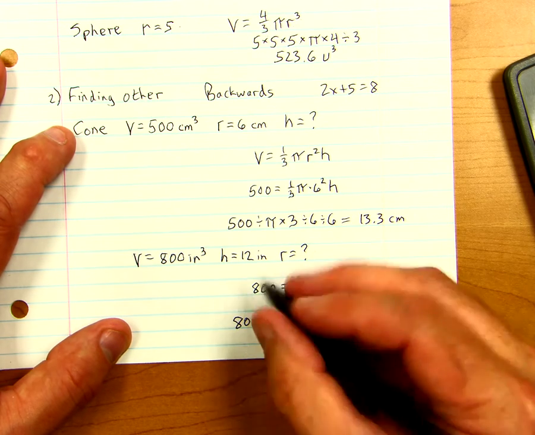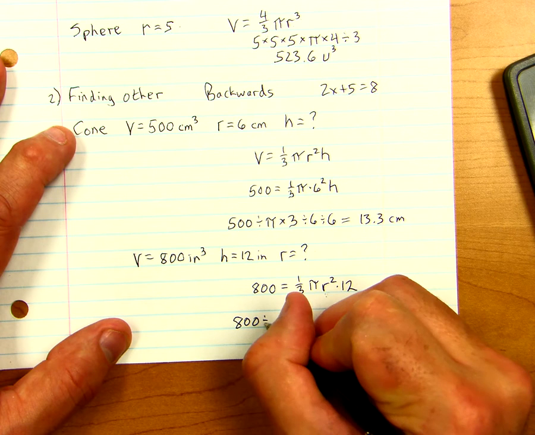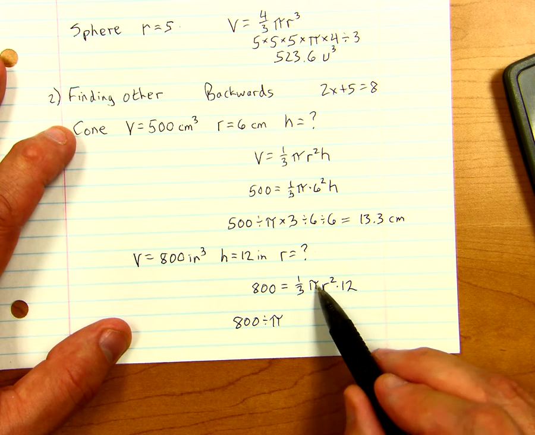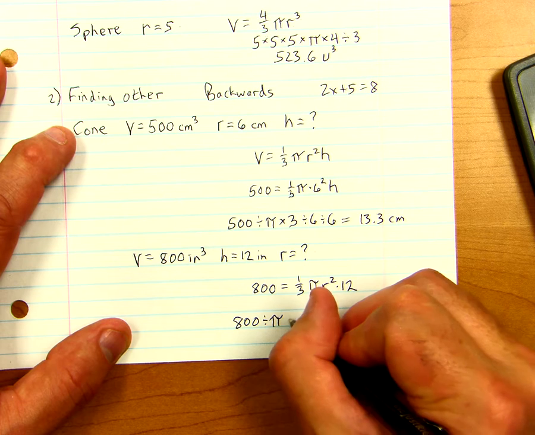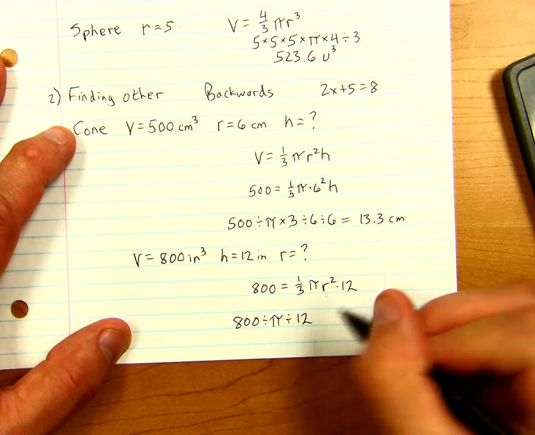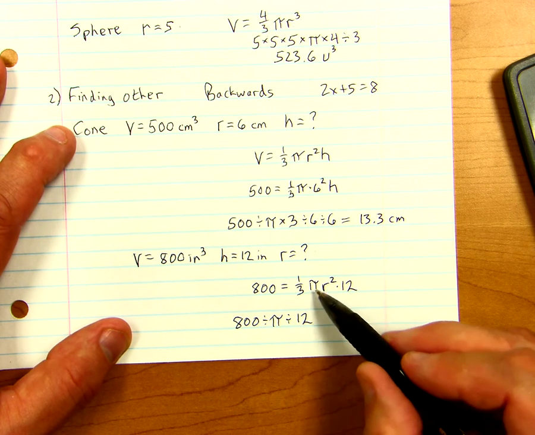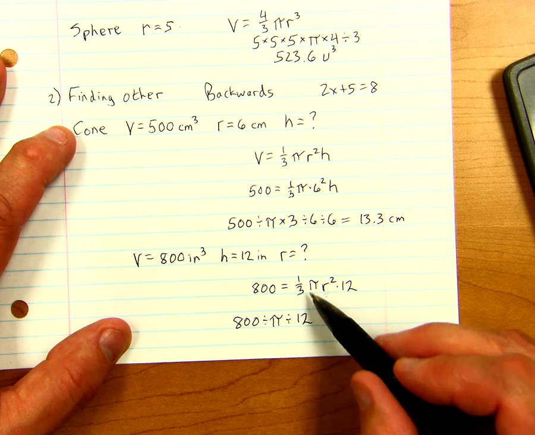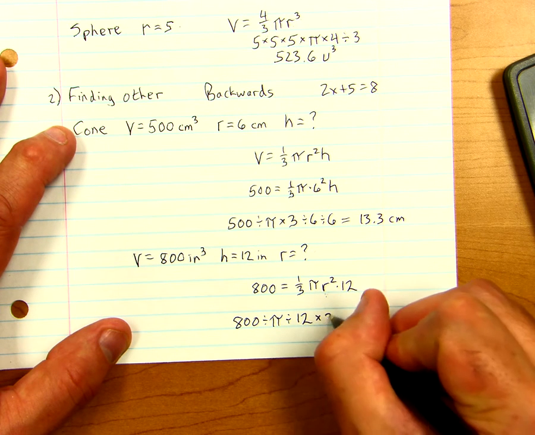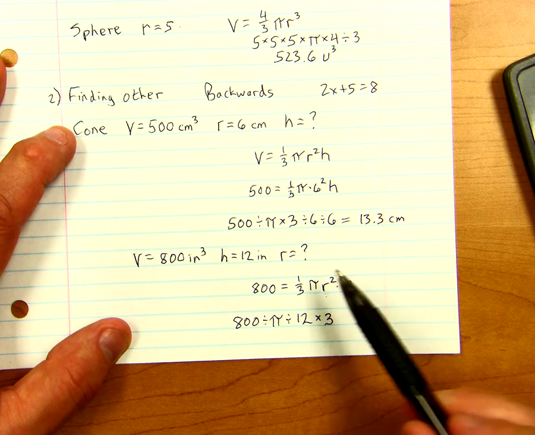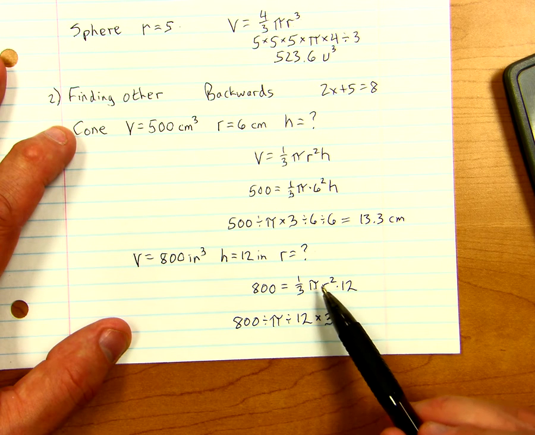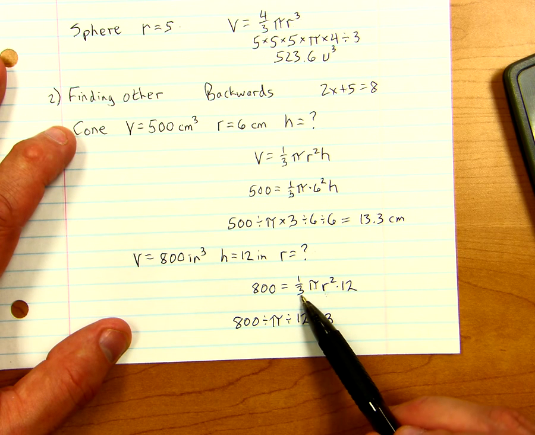Okay, divided by pi, because it was times pi, times 12, right? Divided by 12. It was divided by 3, so times 3. Now I undid the pi, I undid the 12, I undid the 1/3.